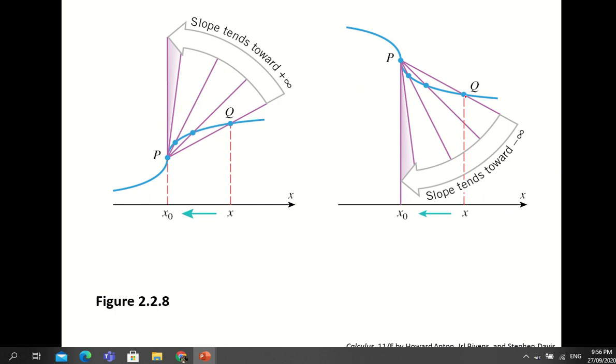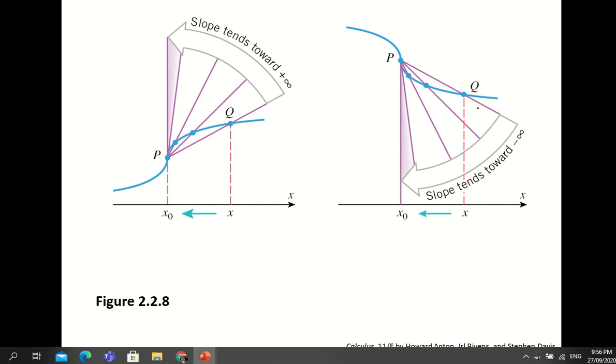For this kind of graph, as we move point Q towards P, we see that our x is also moving towards x sub 0. So this is our limit x sub 0. Then our limit of the point Q is point P.